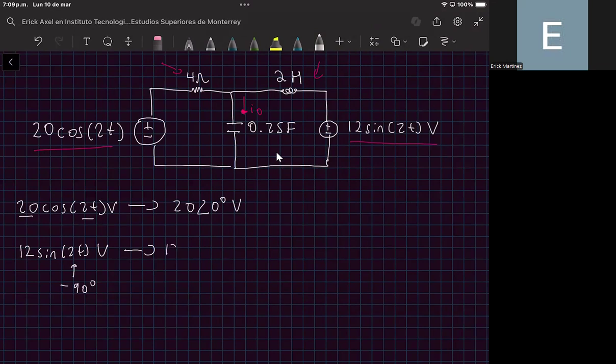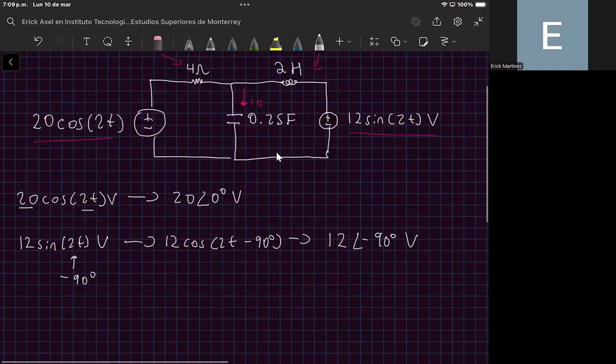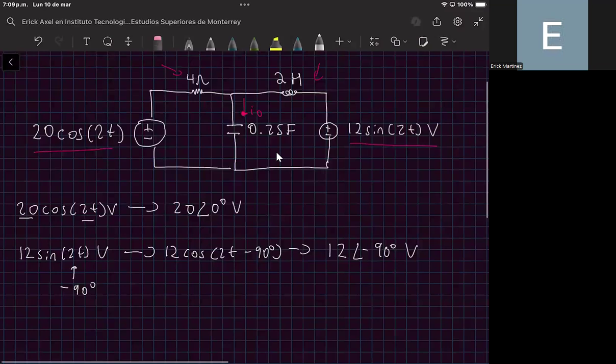So this will be equal to 12 times the cosine of 2 times t minus 90 degrees. And in the phasor domain this will be equal to 12 with an angle of minus 90 degrees volts. Okay? And also we can convert the elements of the circuit like the resistor into the frequency domain.